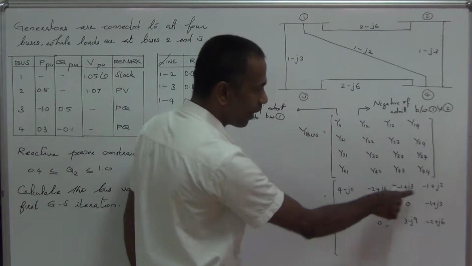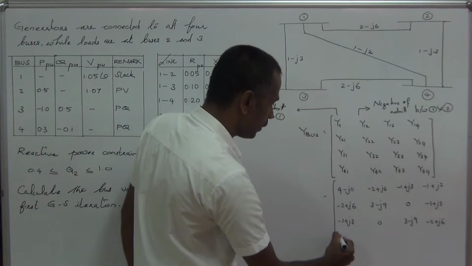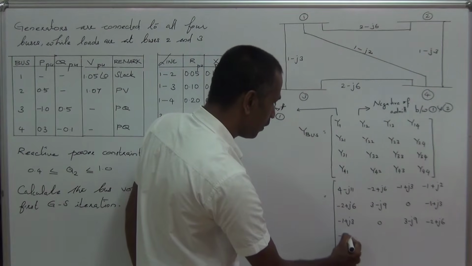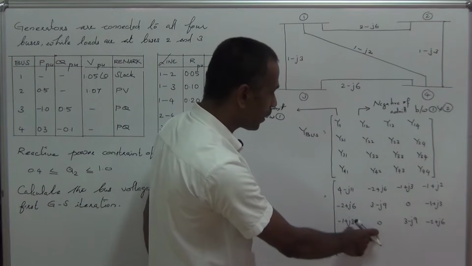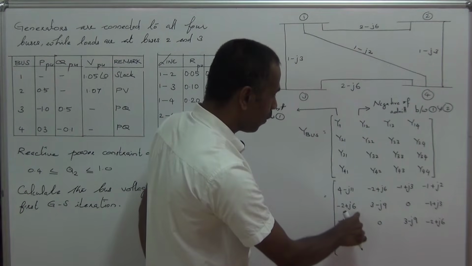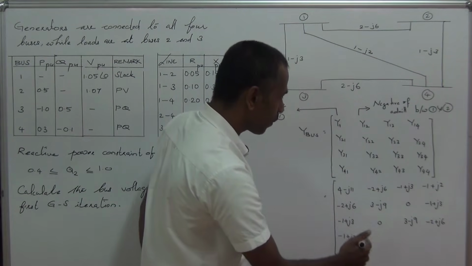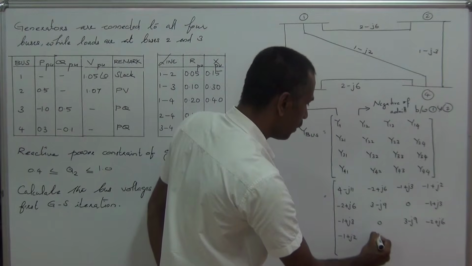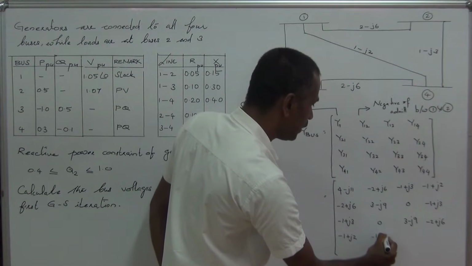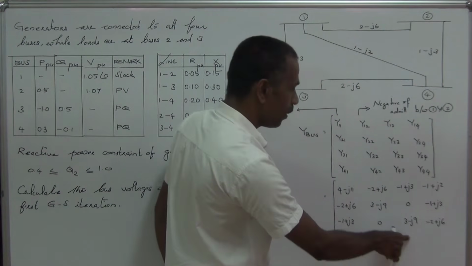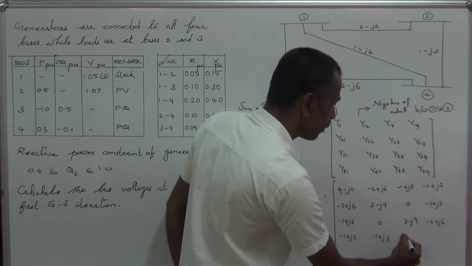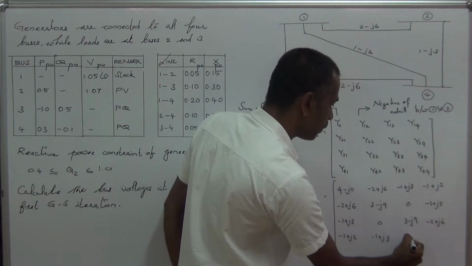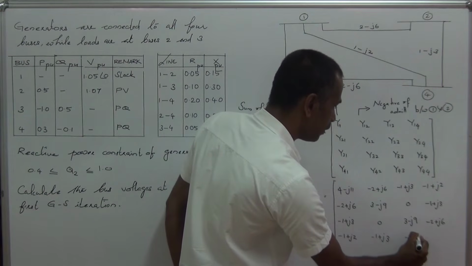Y41 is same as Y14, so this is minus 1 plus j2. Y42 is same as Y24, so this is minus 1 plus j3. This is Y43, same as Y34, so this is minus 2 plus j6.